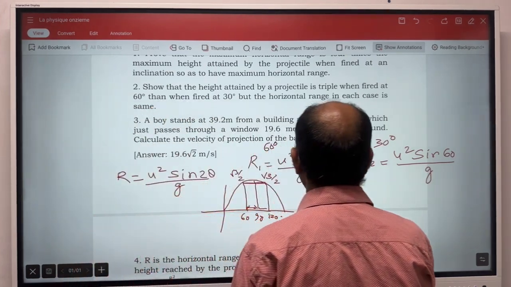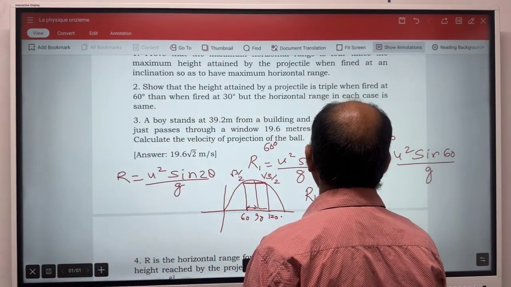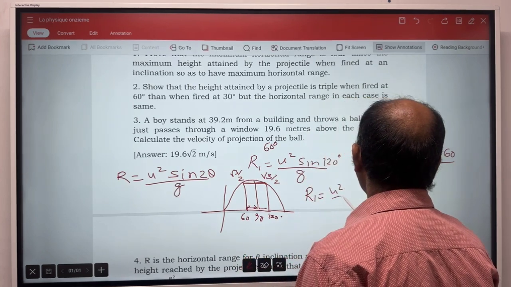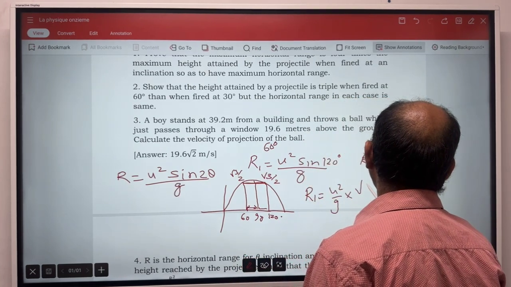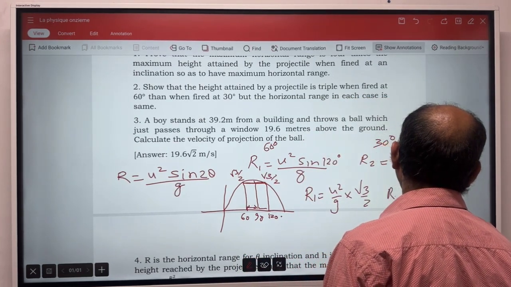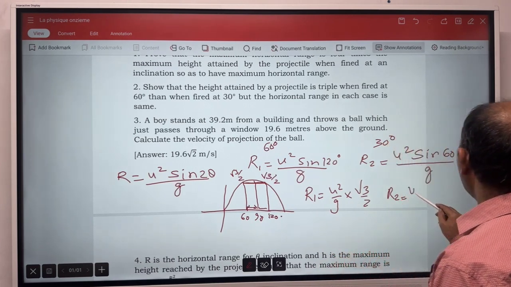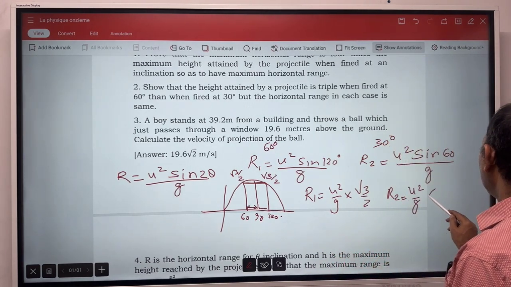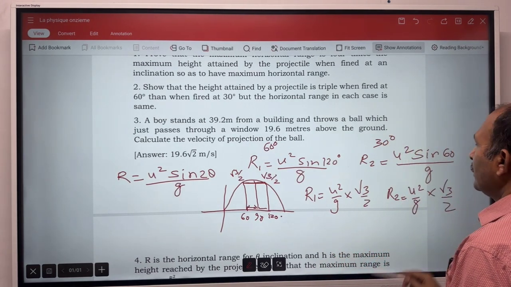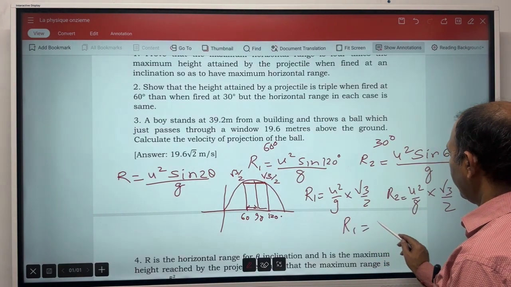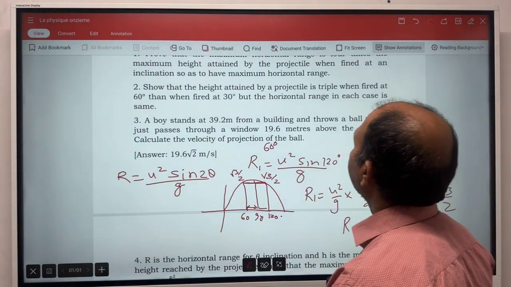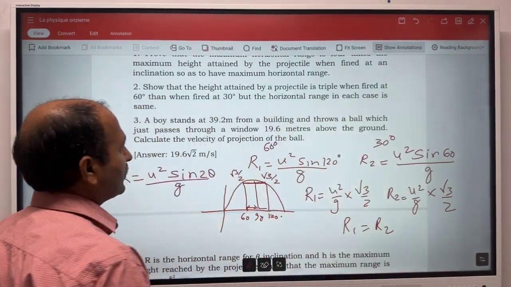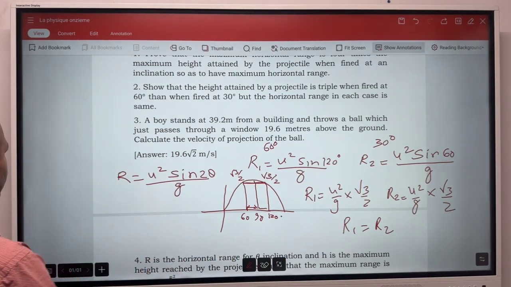So if you observe carefully, you will get R1 equal to u square by g times root 3 by 2, and R2 equal to u square by g times root 3 by 2. So R1 equal to R2. Second part of the question is also solved.